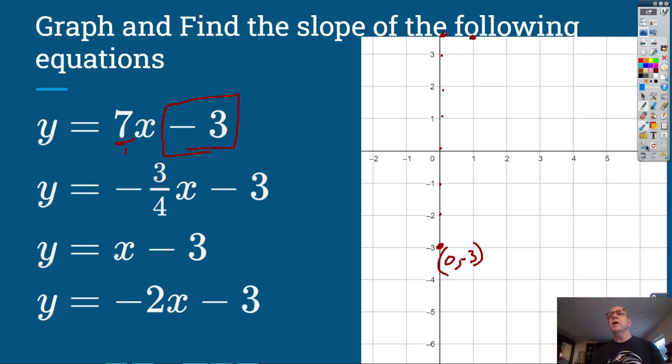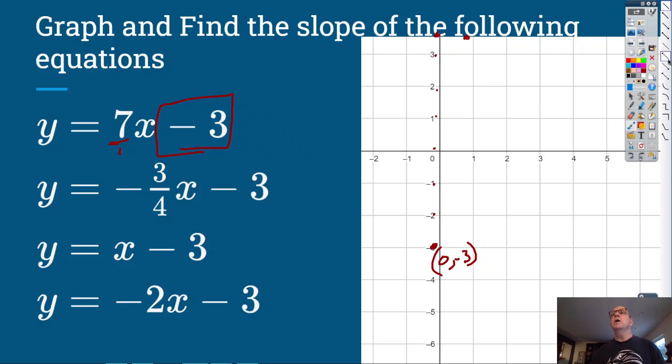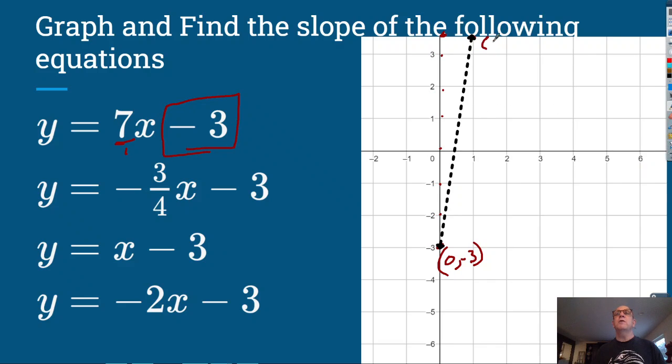So I can draw that by drawing the line between 2 points. And that's my line. So this is point 1, 4, because I go over 1 and up 4. And my slope is 7 over 1, and my y-intercept is 0, negative 3.